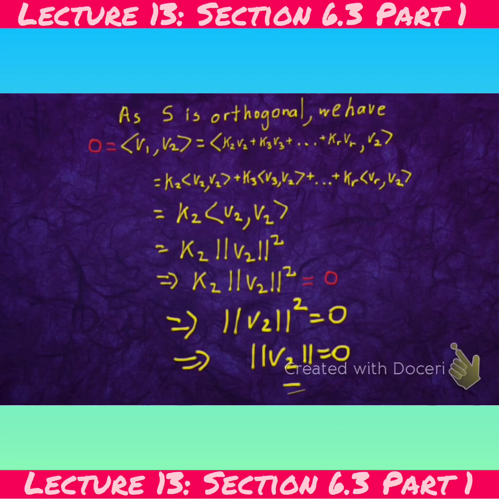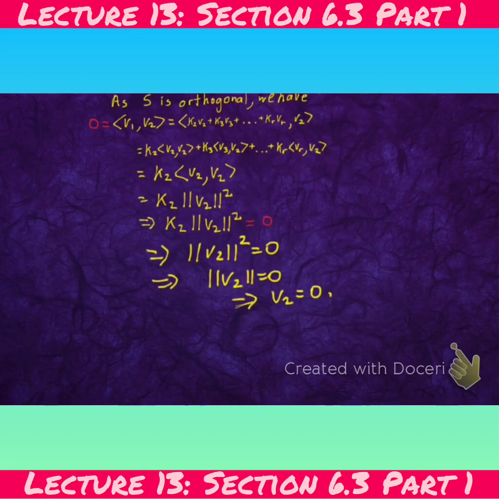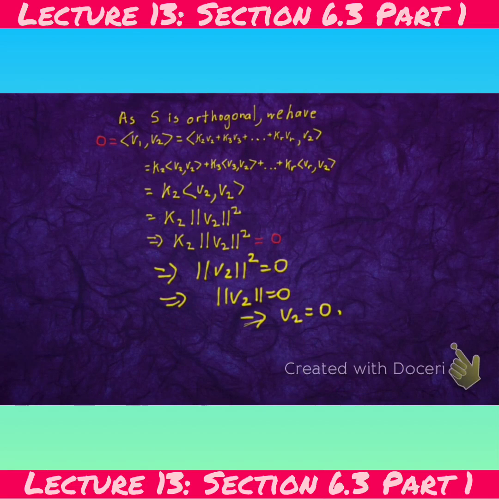And the norm of a vector, if it's 0, it means that the vector itself is a 0 vector. Okay, but we said S is a set of non-zero vectors. So that is a contradiction. Right, so that can definitely not happen.